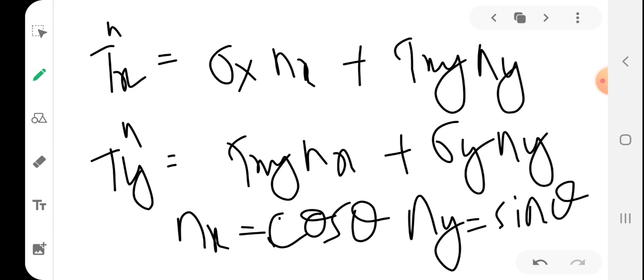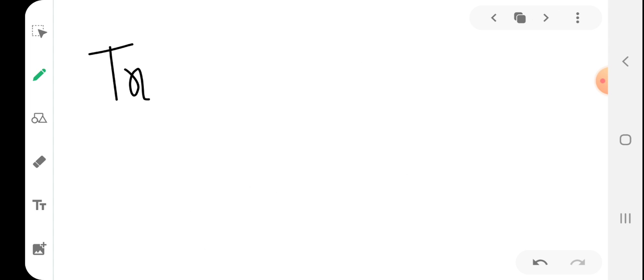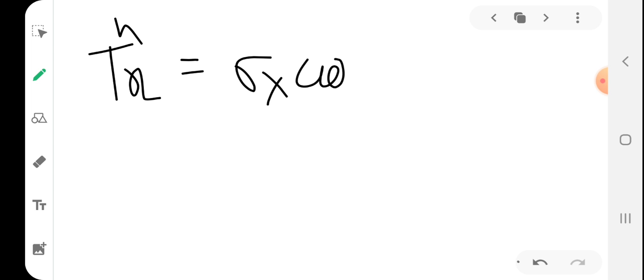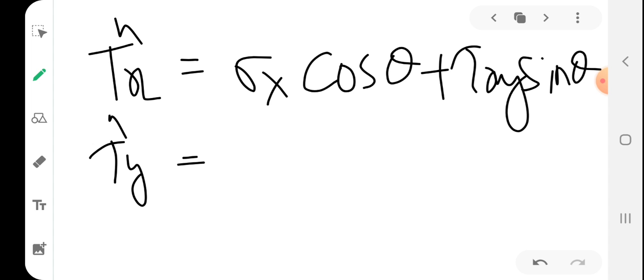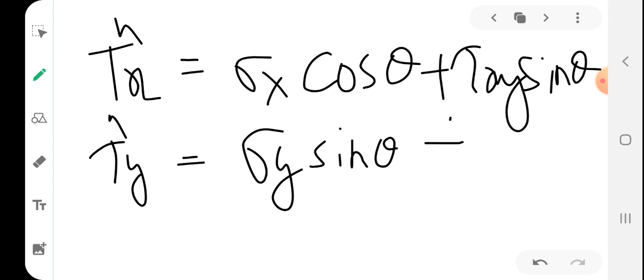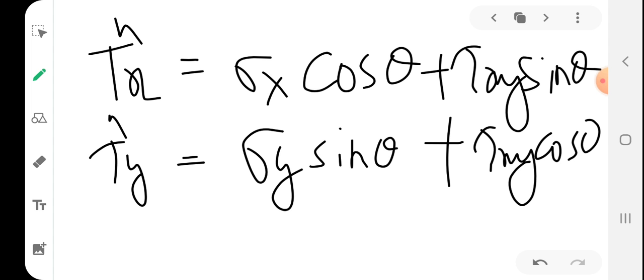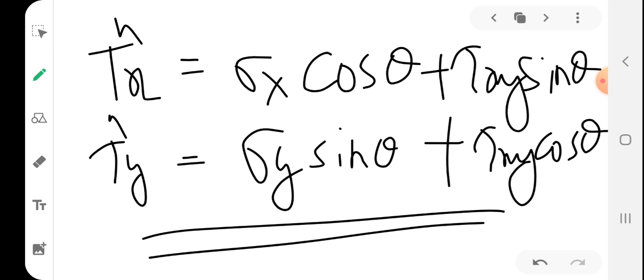So I am substituting these values. You will get Txn equal to sigma x cos theta plus tau xy sin theta, and Tyn equal to sigma y sin theta plus tau xy cos theta. So this is how you write the components.